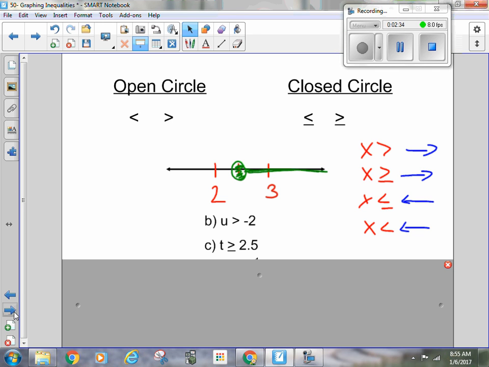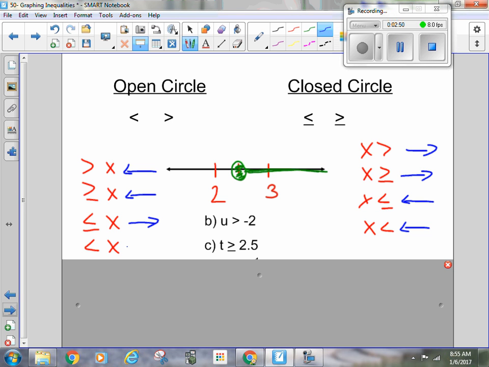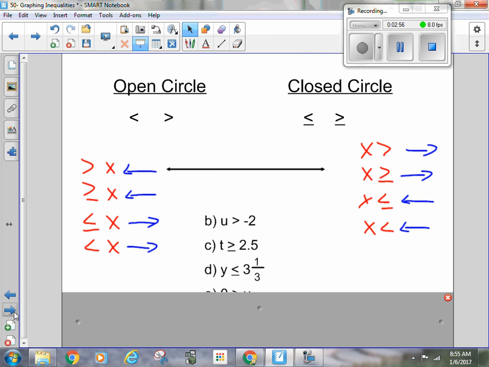Now, if my variable is on the right side of my inequality sign, I'm going to shade opposite of the arrow. So if it's something that's greater than x, I'm going to actually be shading to the left side. If it's a less than, I'm going to be shading to the right side. All right, so let's keep that in mind when we do this next one.